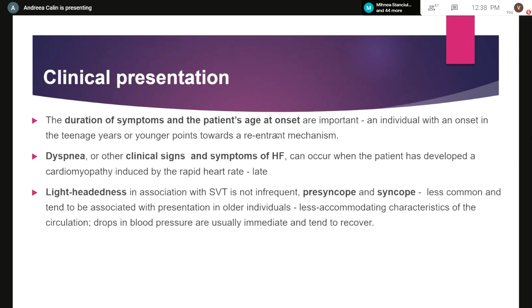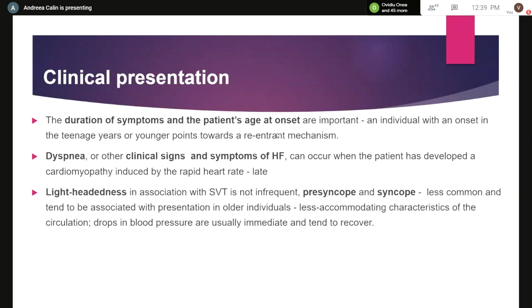Lightheadedness in association with SVT is not infrequent. The patient may feel like he's going to faint, what's called a pre-syncope, or even a syncope. They are less common in younger patients, but in elderly patients, they may be a frequent mode of presentation, because these older individuals have drops in blood pressure that are usually immediate upon the onset of the tachycardia.